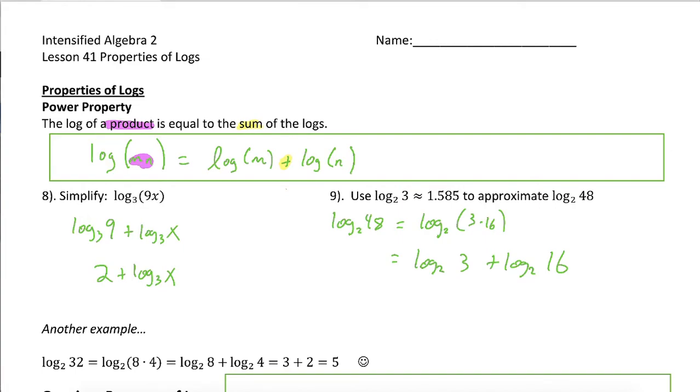And we were just told that log base 2 of 3 is about 1.585. And log base 2 of 16 we know is exactly 4, because 2 to the 4th is exactly 16. And so log base 2 of 48 is approximately 5.585. And honestly, we don't use that trick very often, but it's nice to see where it comes from.